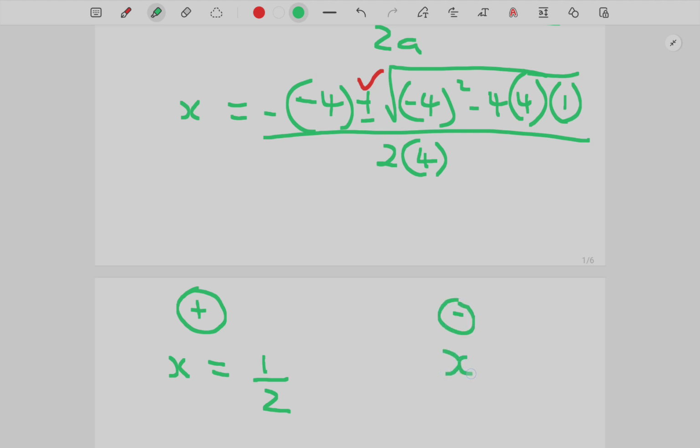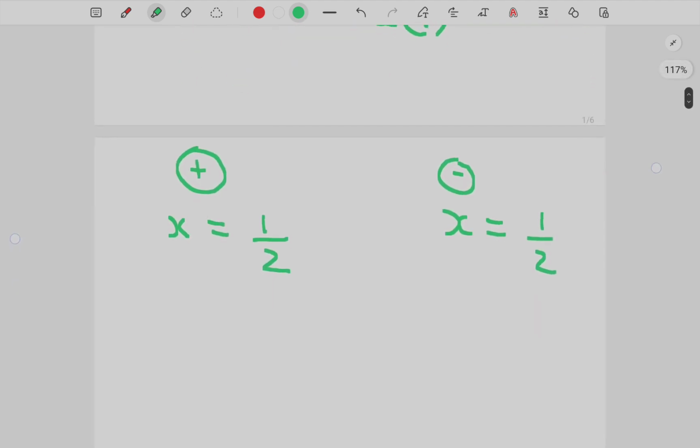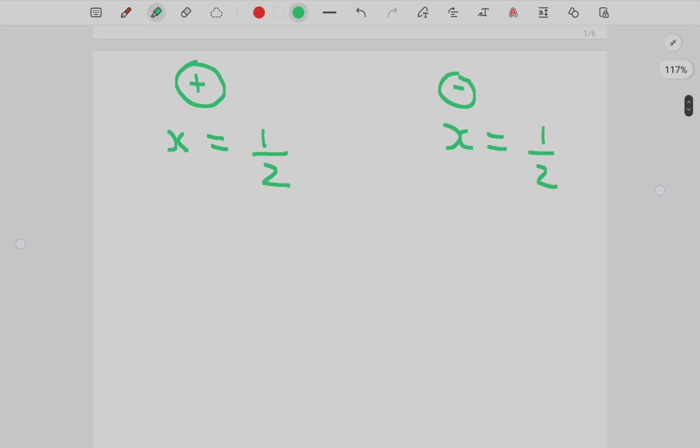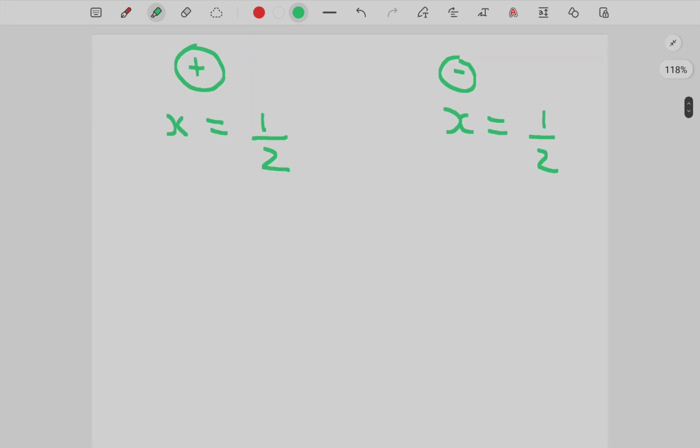It's going to give you the same answer, 1 over 2. Then you reverse. To find factors, you must reverse. That means on the right hand side you must be left with 0. 1 over 2 must go to the left hand side.